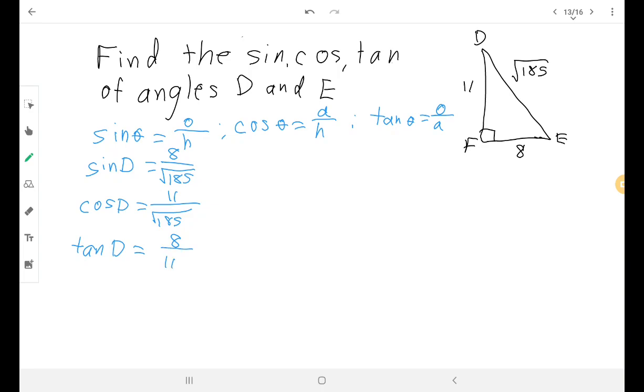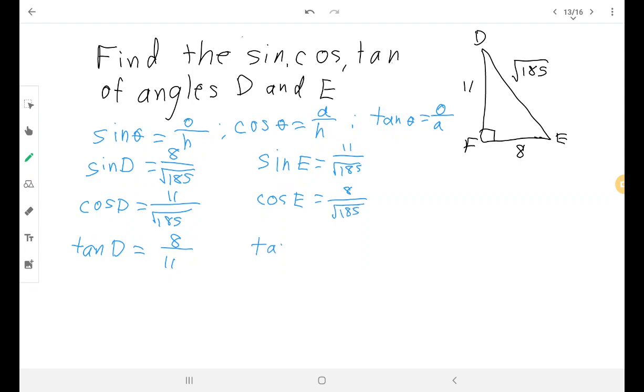So there's D, and then we can do the same thing for E, right? The sine of angle E is the opposite, which would be 11 over the square root of 185. The cosine of angle E is the adjacent, which would be 8 over the hypotenuse, which is square root of 185.